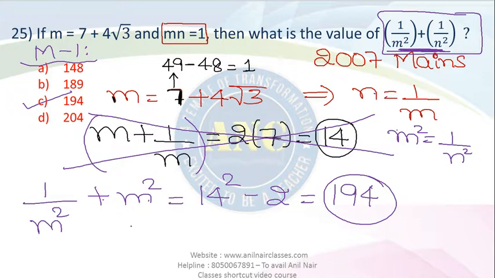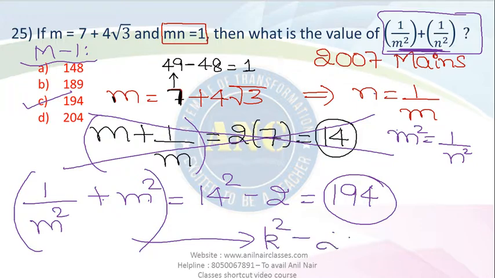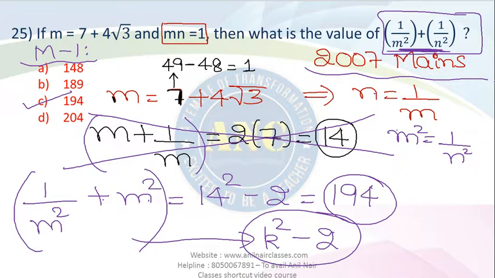M square plus 1 by m square should definitely be of the form k square minus 2. Within a second or two this original mains question can be solved. I hope this beautiful logic of finding out the problems in the easiest way possible is very clear for every student who is listening to this class. I hope the idea is extremely clear for you people, sir.